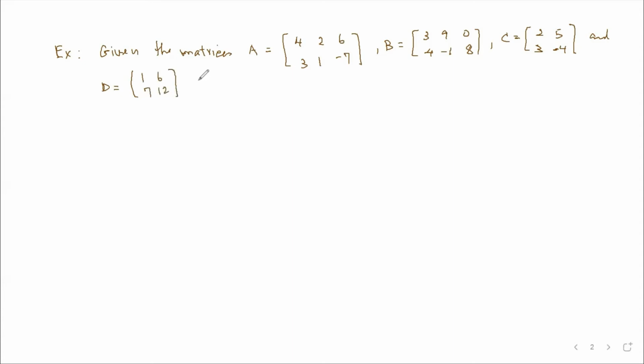And then say 5 questions now. For example, A, matrix A plus B, and say B, matrix A plus C. I think this one is easy now, right? Correct? You know how to do. And say C plus D. And then say question D, maybe D plus C.